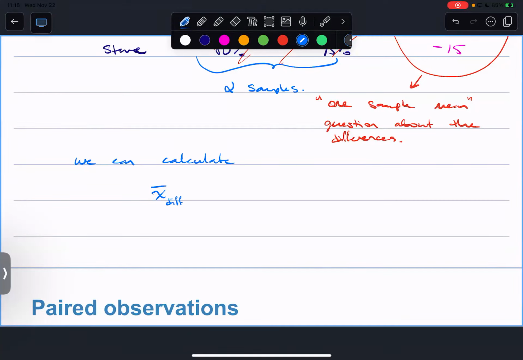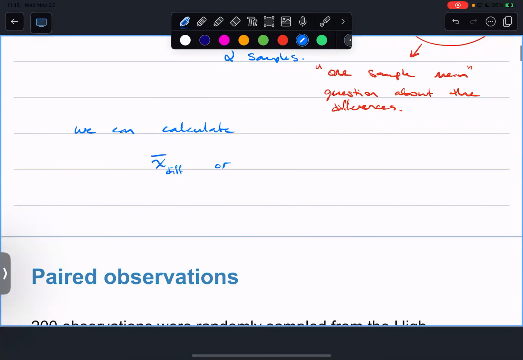Just to remind myself, especially in terms of interpretation, then I want to be talking about the mean of the differences, right? And so the mean difference in scores is this, right? And so X bar diff, or sometimes if we're lazy, we just use a little d. Okay.